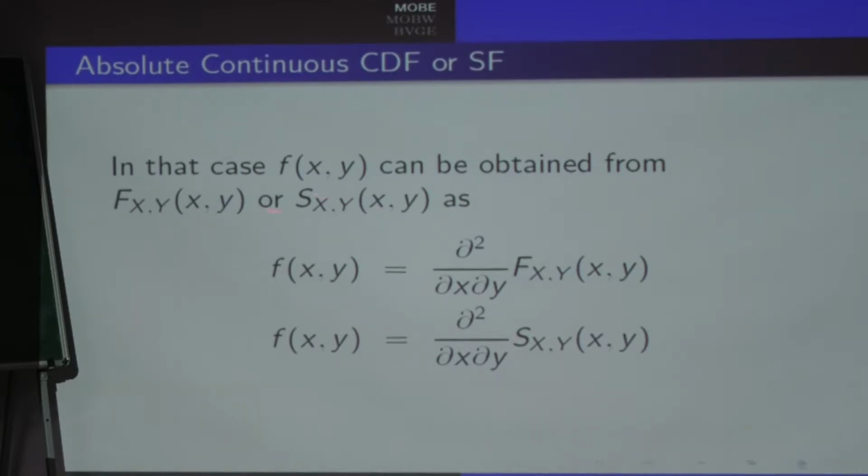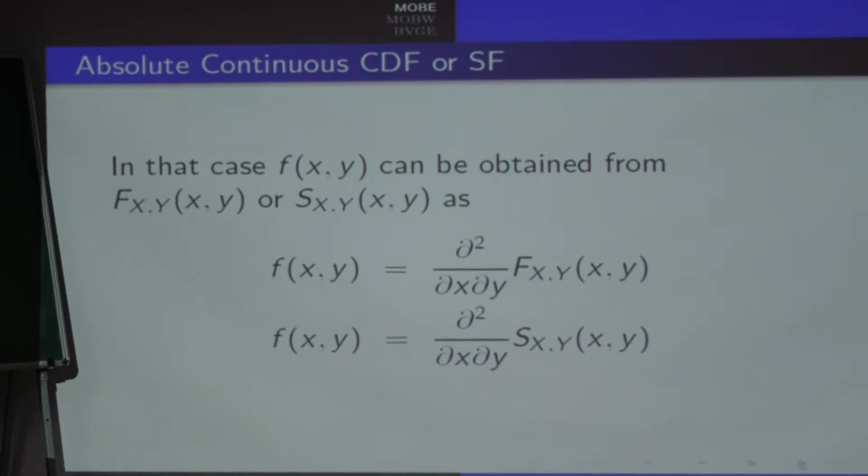But since it's the bivariate case, I can get f of xy by the double derivative of either quantity. There is no negative sign because the negative becomes positive. So if I give you capital F or capital S, you should be able to recover my small f by taking the double derivative.